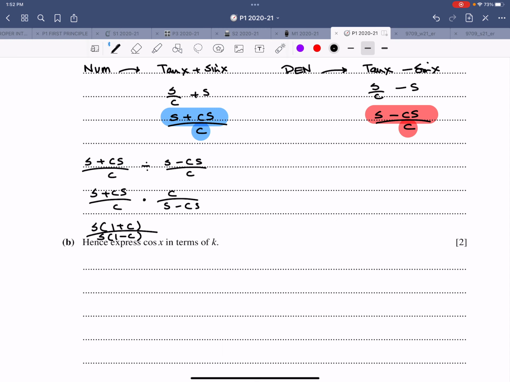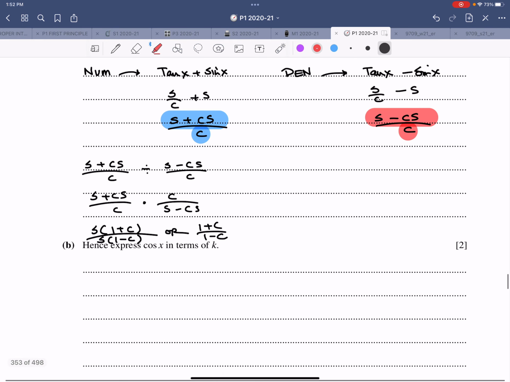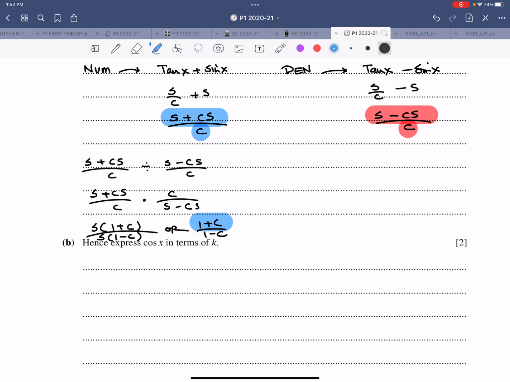So this is 1 plus c over 1 minus c. So the numerator over denominator simplifies to this over this, and they are simply saying this thing equals k. So 1 plus c over 1 minus c equals k.